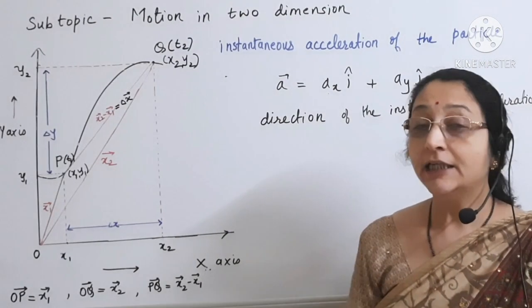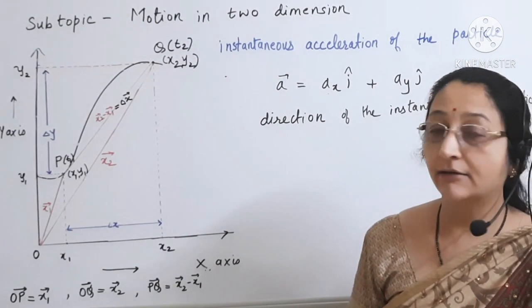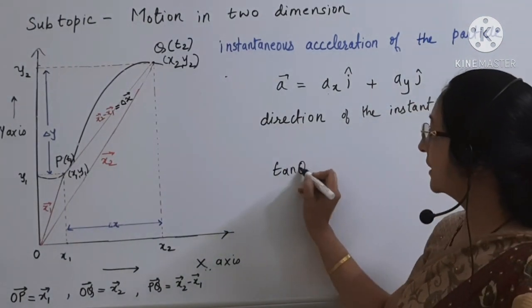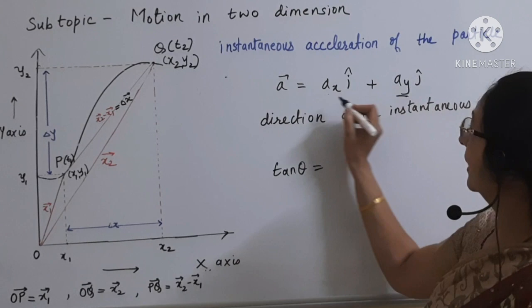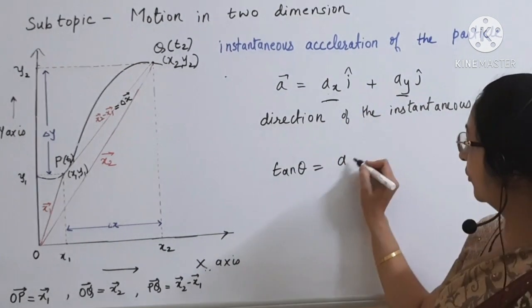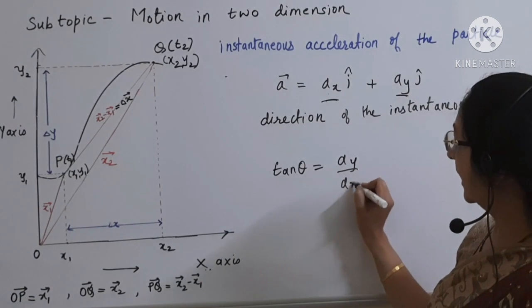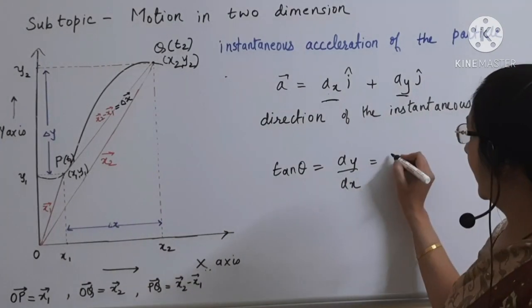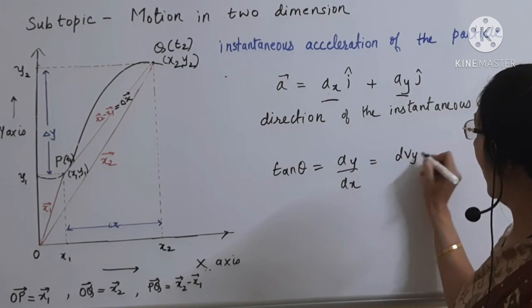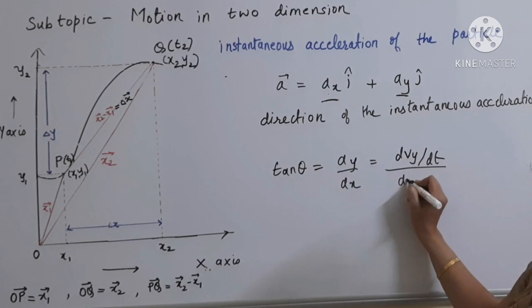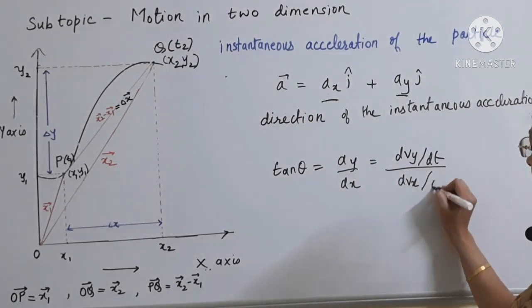Now we find the direction of the instantaneous acceleration. So the direction of instantaneous acceleration is tan of theta is equal to the y component upon the x component of the acceleration. So ay upon ax. But what is ay? ay is dvy upon dt and ax is dvx upon dt.